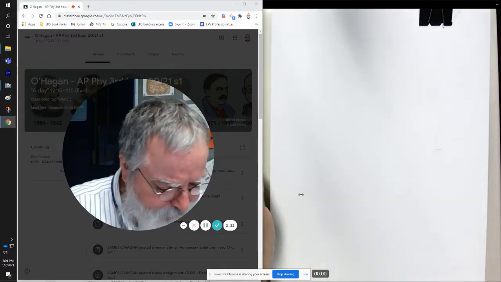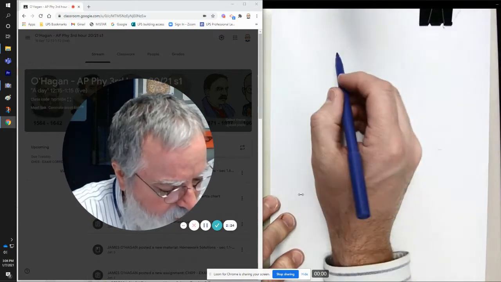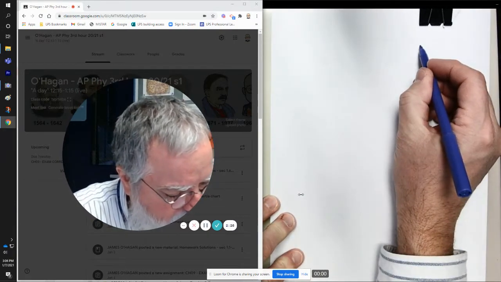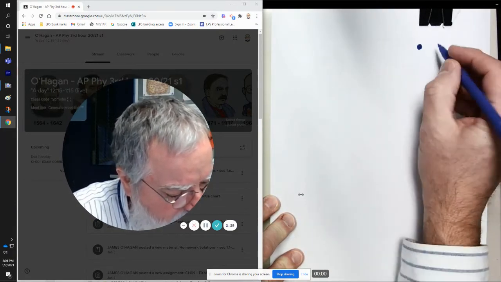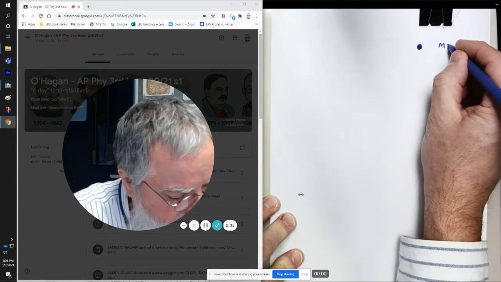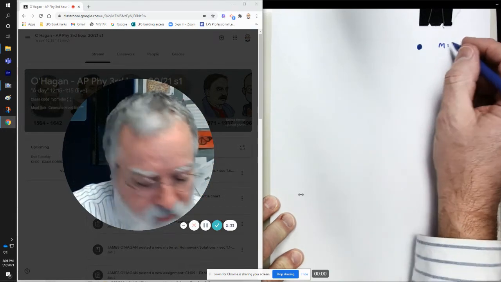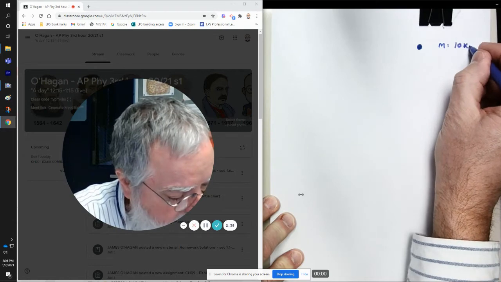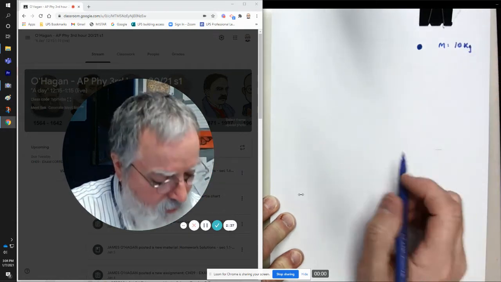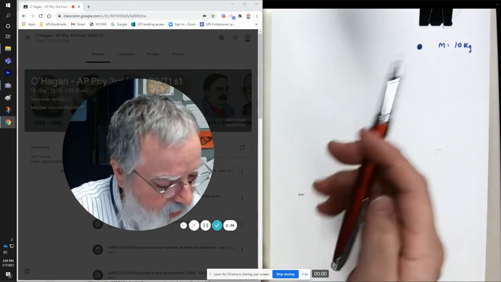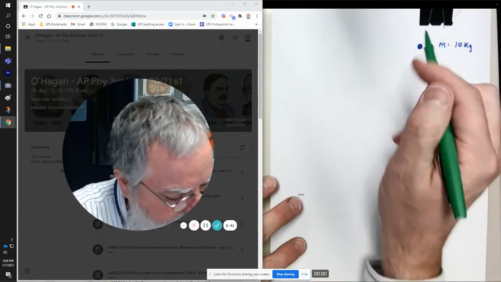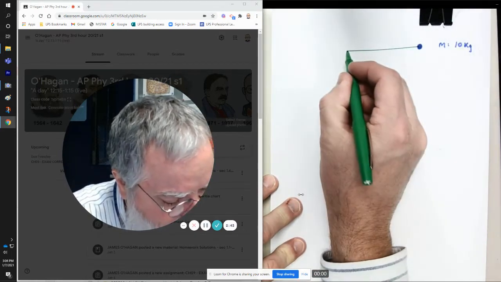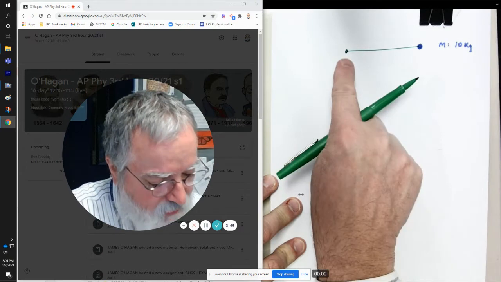I'm going to take a fairly small object with a mass equal to 10 kilograms. This object is at the end of a string, and the string is held here.